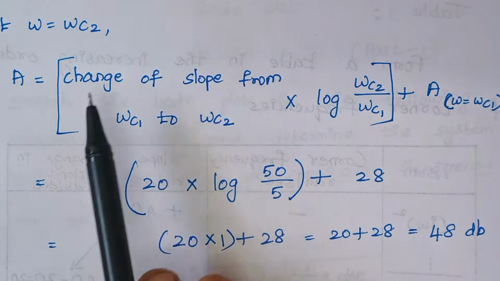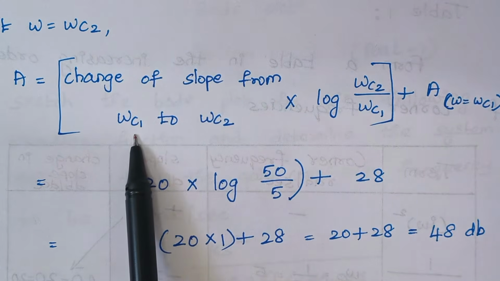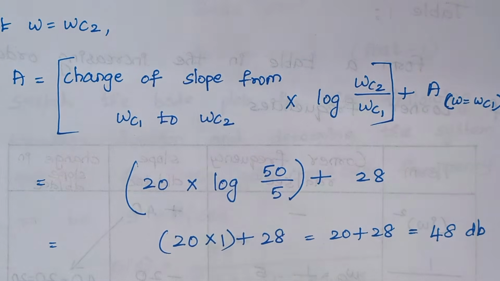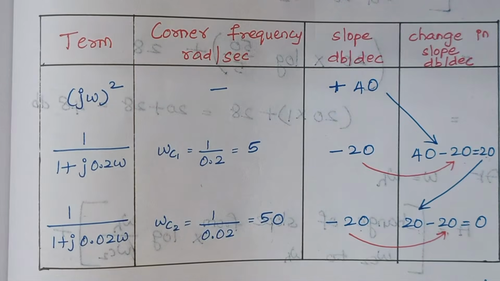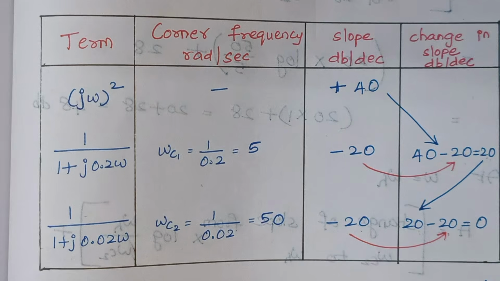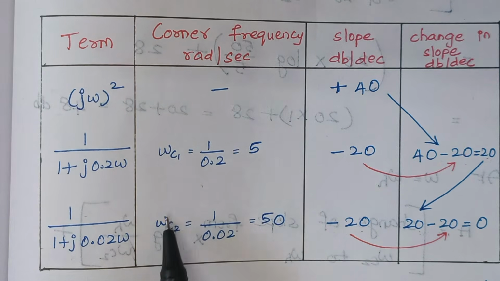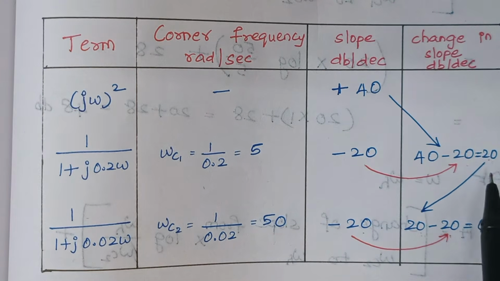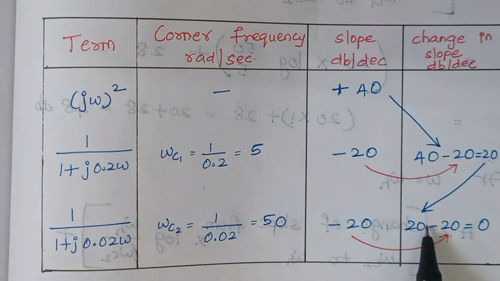So here, change of slope from omega C1 to omega C2. Right, we have to look at our table now. So this is our table. From omega C1 to omega C2, what is the value of slope that is changing? Here I am getting this 20, and this 20 is shifted over here.